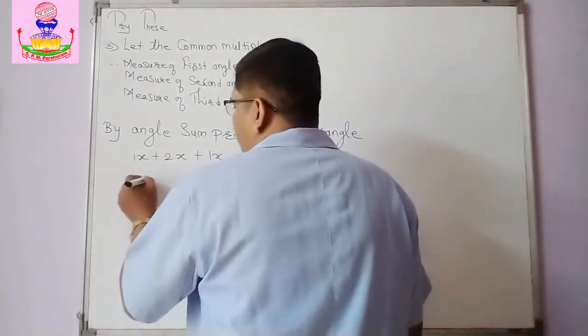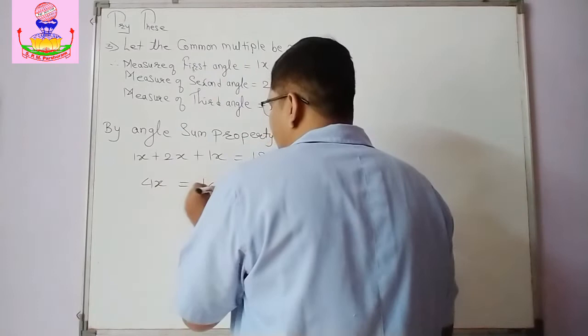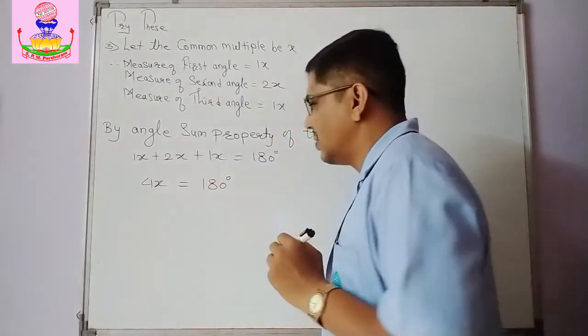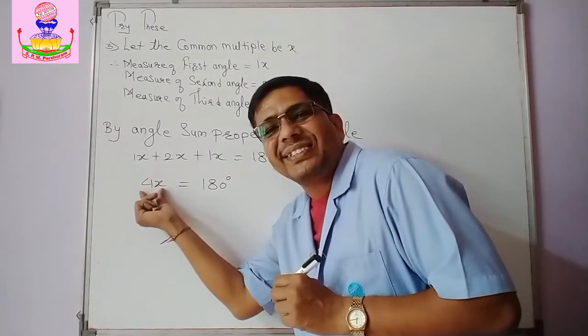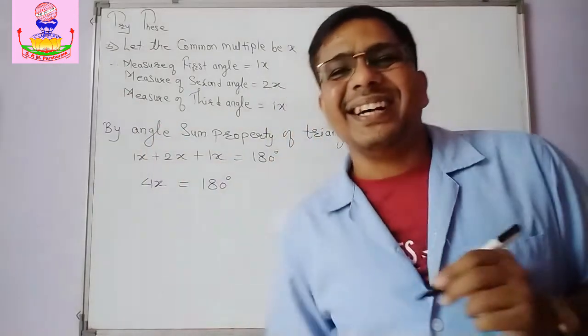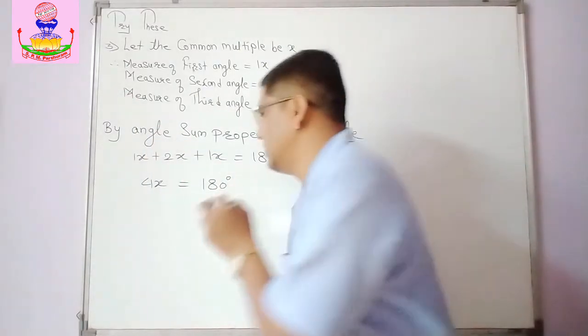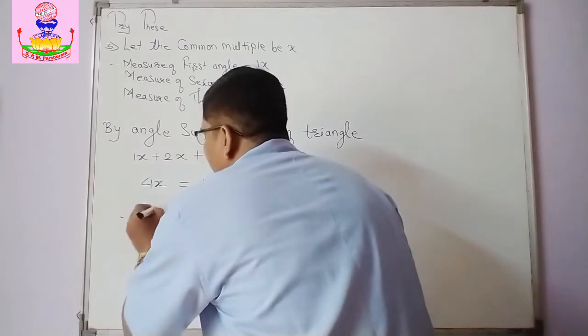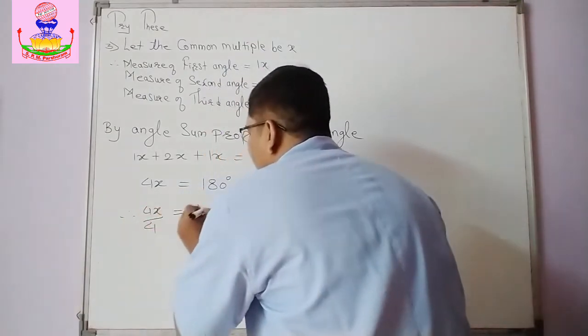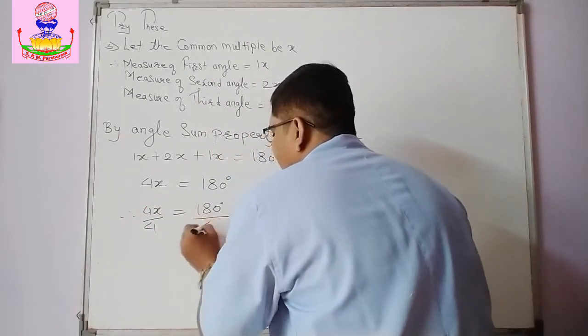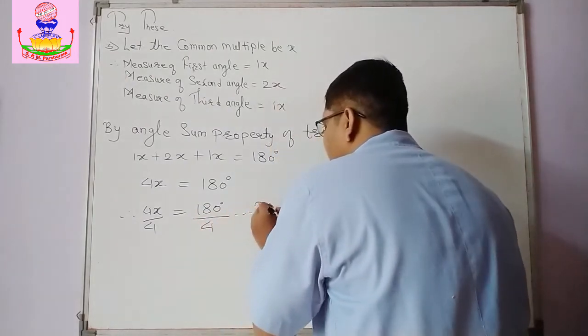Now 1 plus 2, 3 plus 1, 4, right? So 4x is equal to 180 degrees. The sign between these two is multiplication. The opposite of that is division.